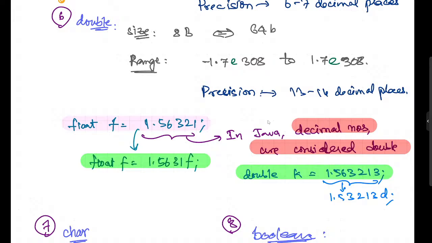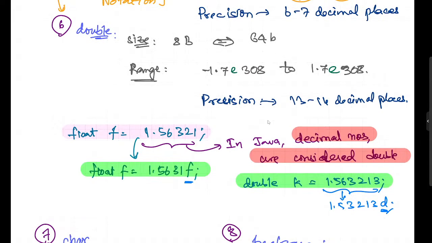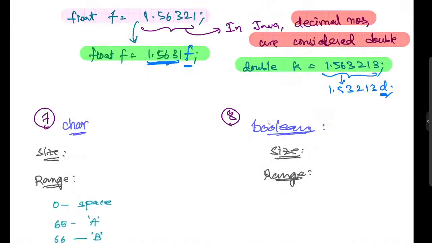This d, capital D or small d, works here as well, just like capital F or small f. So you can either do this or give it directly. By default, this is considered a double on its own. But if you want to say that this literal is not a double and is supposed to be a float, then you definitely have to give f at the end.